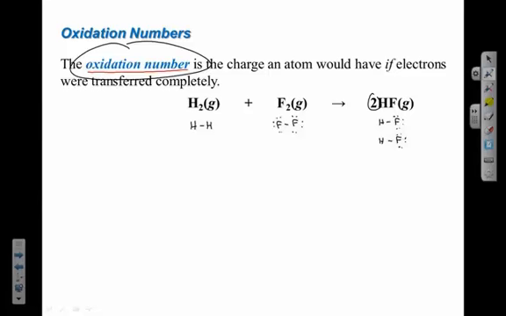So there are a couple of ways to do oxidation numbers. I'm going to talk about the one I like most first, and then if you like that one, you can use it. If you like the other one, you can use it, or you can use both and make sure that they come up with the same answer. So one way to find the oxidation number is to use a method very similar to what we use for calculating formal charge, which is why I like this method, because you should know how to calculate formal charge since we covered that a lot.